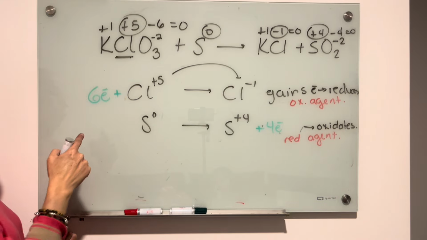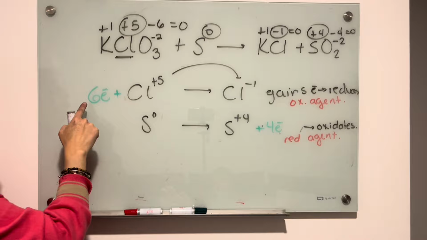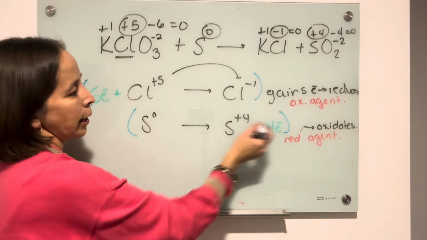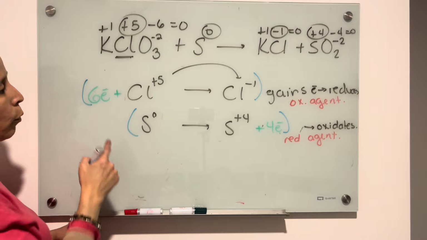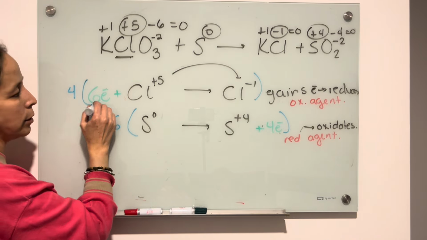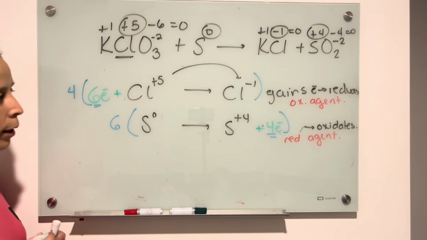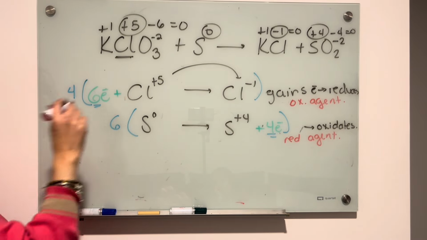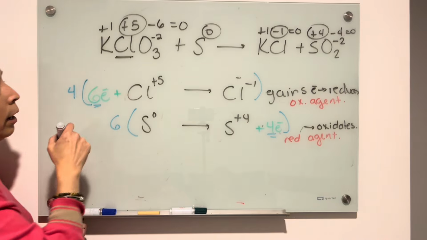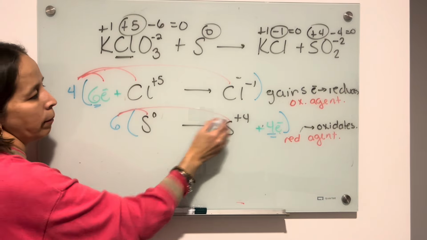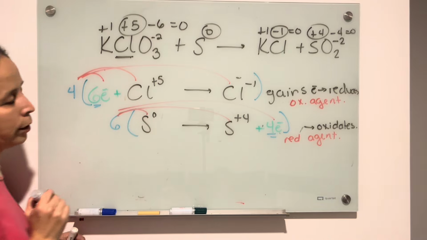So we are going to cross multiply these reactions in order to balance the electrons. So we are going to multiply this one by 4 and this one by 6, because these are the numbers of electrons. We are going to multiply every element of the half reaction, 4 and 6, by every element of this reaction.